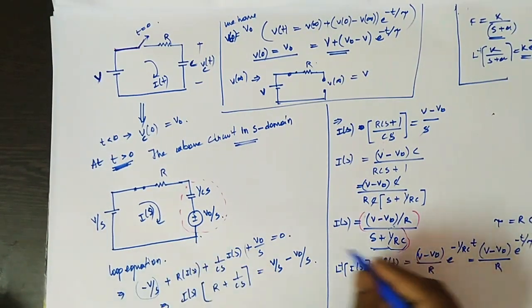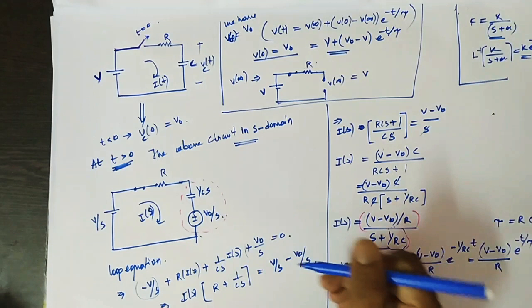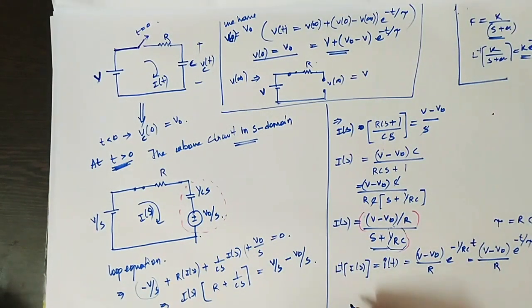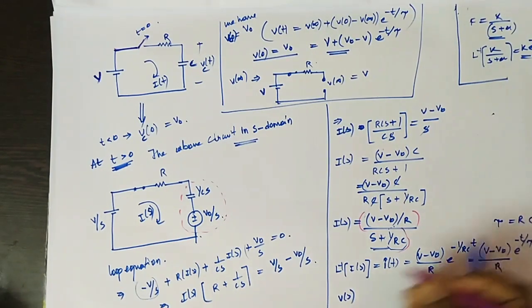Now we want v of s. So v of s equal to what means? This is I of s.